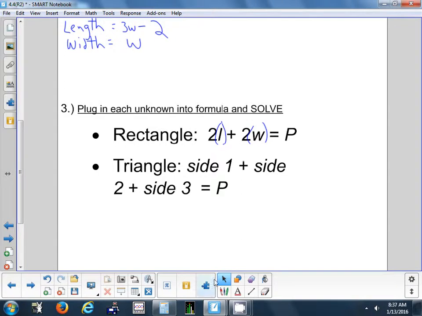Rectangle or triangle? What kind of shape am I solving for? Rectangle, right? So I'm going to start with 2 because 2 is part of the formula. 2.